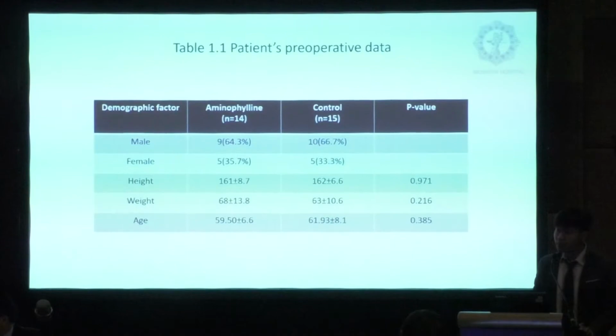When the perioperative data was all collected and analyzed, we found that preoperative data is similar between the aminophylline and control group, except for preoperative LVEF, which is significantly higher in the aminophylline group.